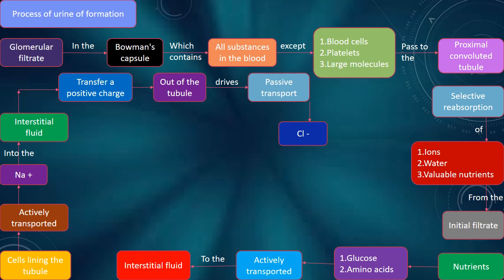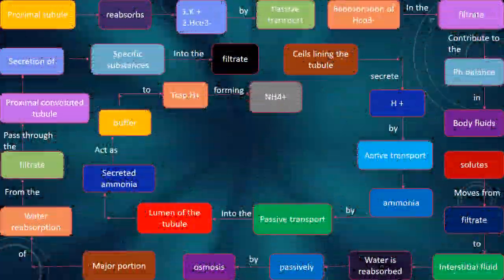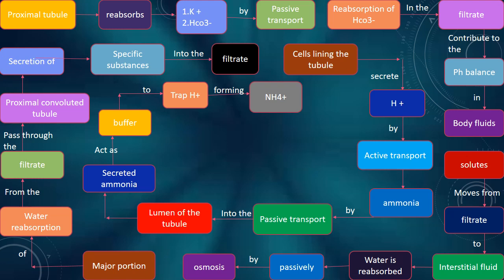Transfer of a positive charge out of the tubule drives the passive transport of Cl-. The proximal tubule reabsorbs K+ and HCO3- by passive transport.